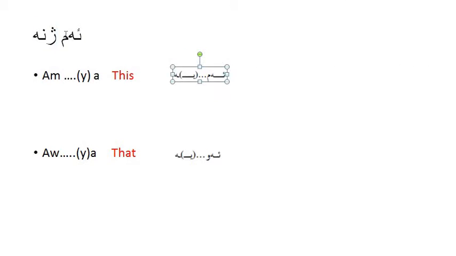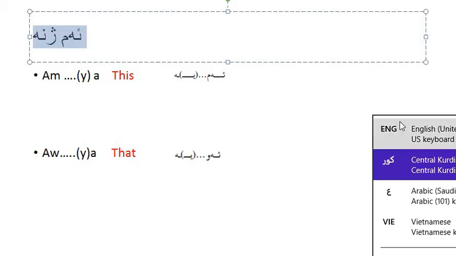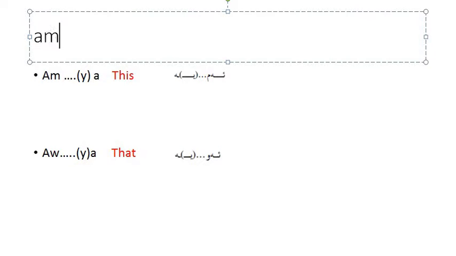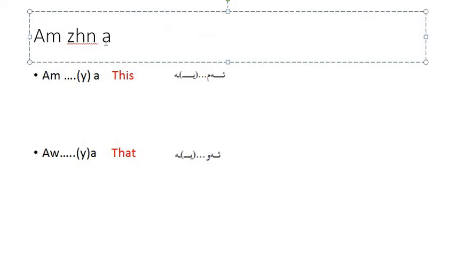This is here, and then the noun. So here you see, you add this to the noun, and it will be this woman.